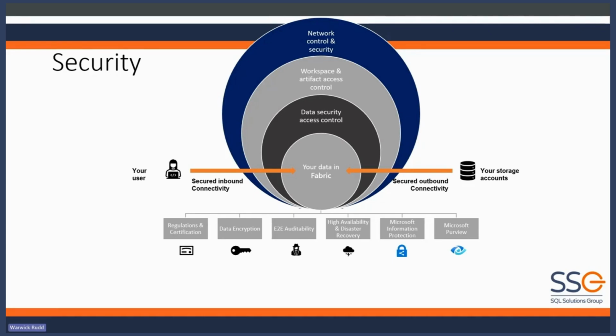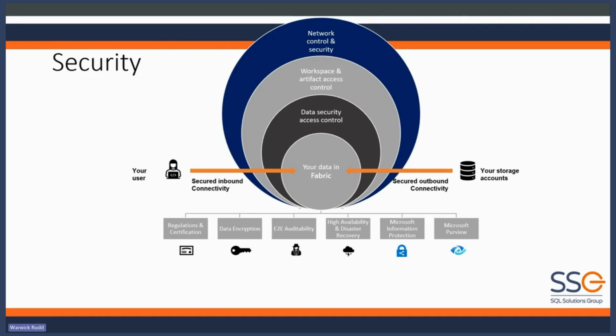We then come down to our workspaces and artifacts control. And when we were in the demo, we saw when we were in a workspace, we can go and manage that and set up the permissions: who has access, what roles do you have inside of that workspace, right? So are you a contributor? Can you go and create things, or are you only a consumer that can read things?